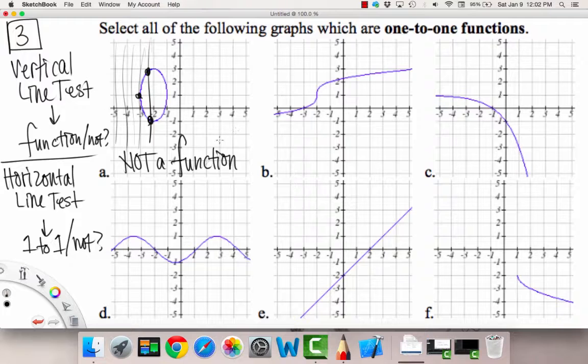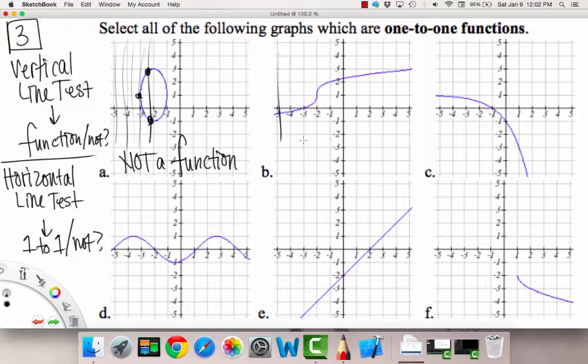Now let's look at B, and let's do the vertical line test to start off with. A vertical line crosses once. This one's a little bit tricky right here, but it does only cross once. So these vertical lines are fine, they all cross once, so this is a function. Let me get rid of those vertical lines.